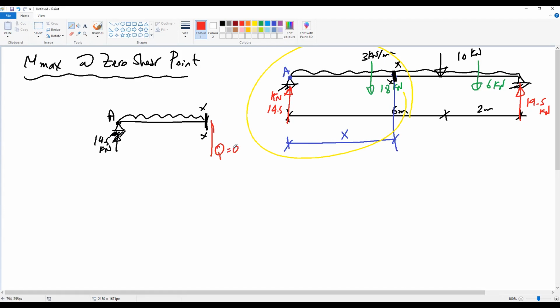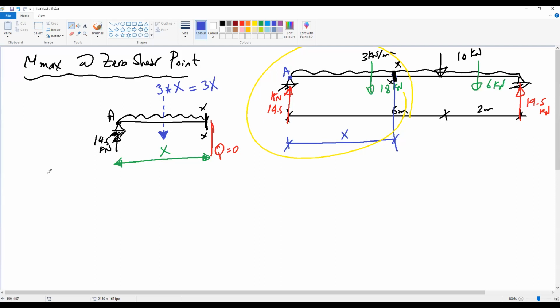So how can we get this x? The first thing is we need to concentrate the load in this part. How much is the resultant of the load in this part? We only extract a part x from the uniform load. So is the resultant 18 or a different value? The resultant of this load should be 3, the uniform load value, multiplied by the distance, which is x. So the value of this load is 3x.